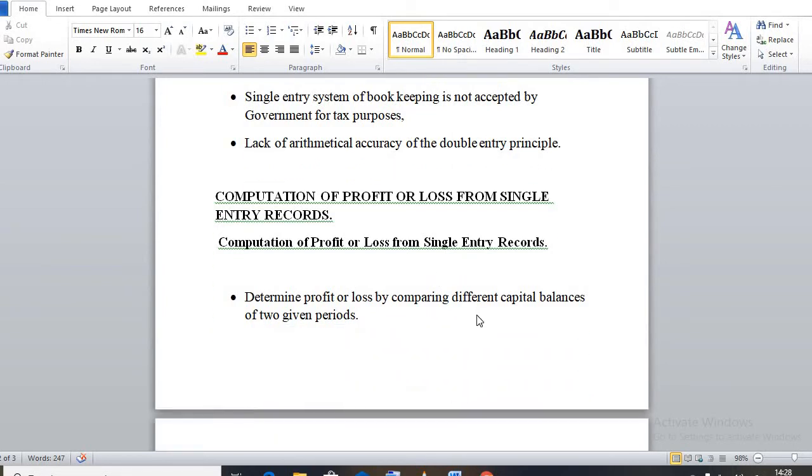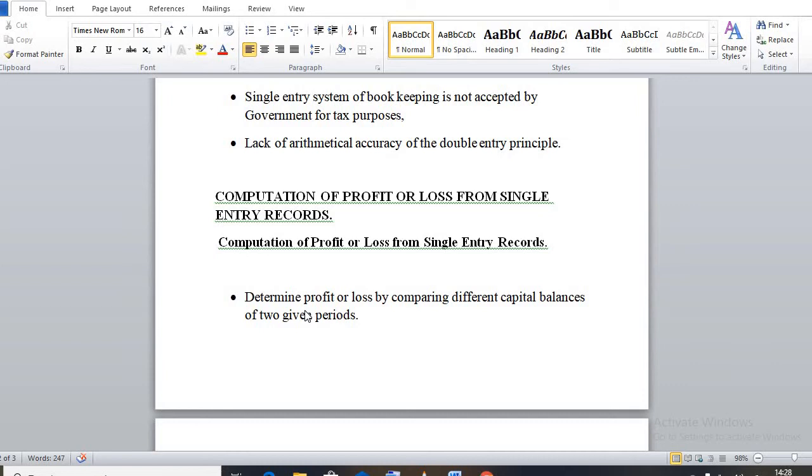So in order to determine profit, we have to compare different capital balances of two given periods. What it means is that we have to compare the balances of the capital that we started with, and then the capital that we got at the end of the accounting year.